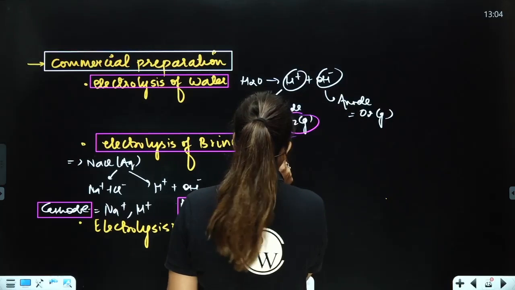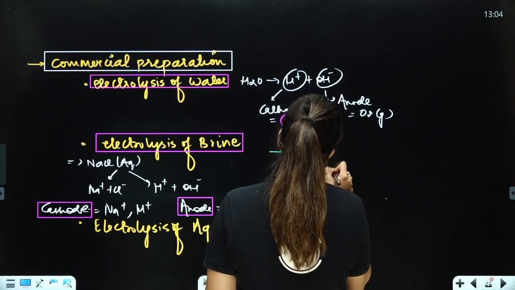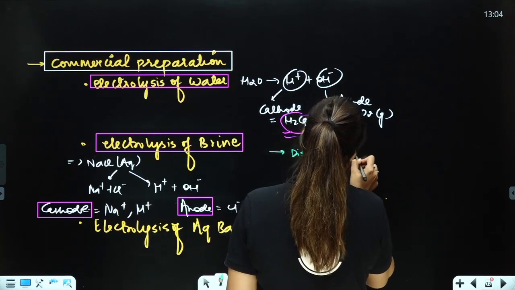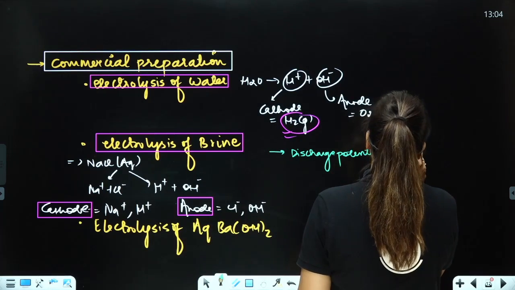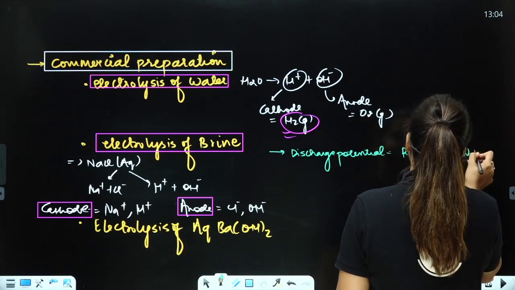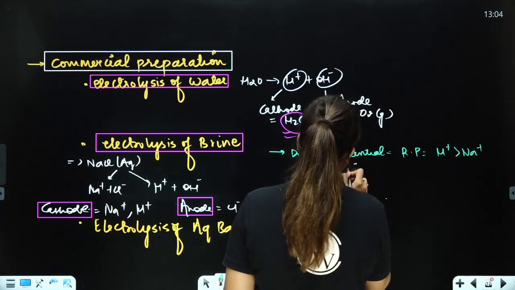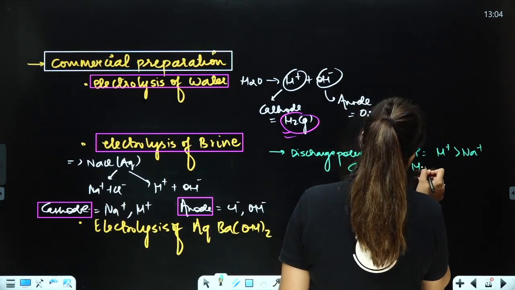So we will discuss over here. See, the discharge potential. Here we have to discuss the discharge potential that you have discussed in the electrochemistry chapter. Discharge potential over here, which is the reduction potential, is greater for H+ as compared to Na+. So the cathode will be having the hydrogen gas evolved.